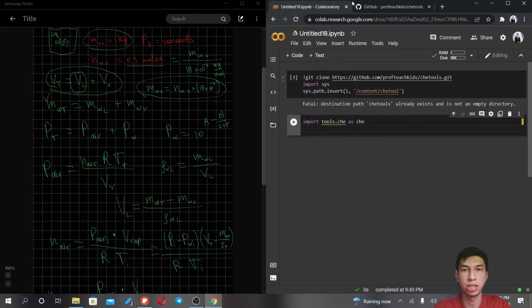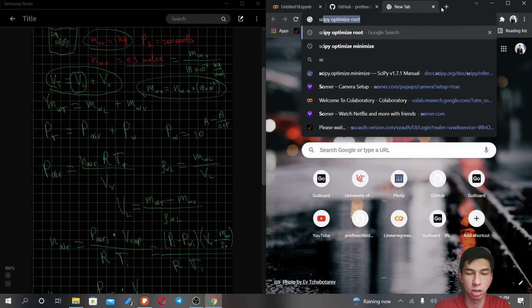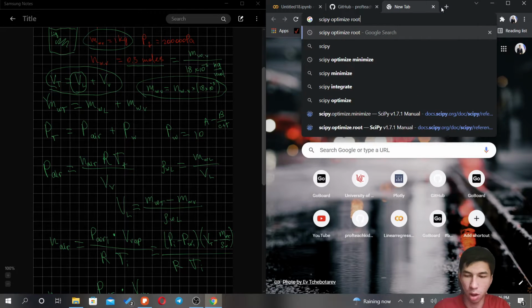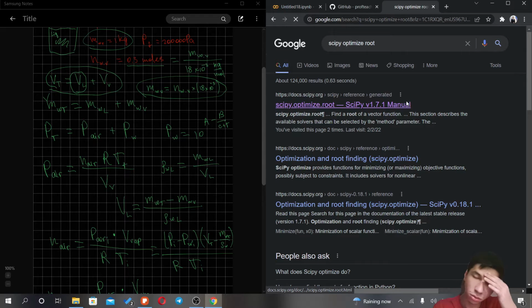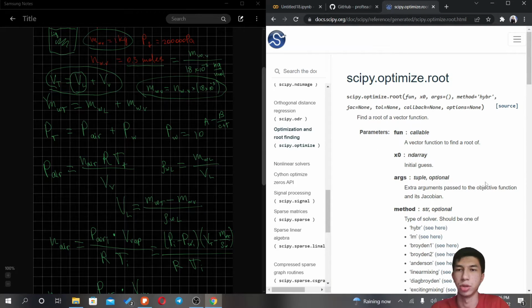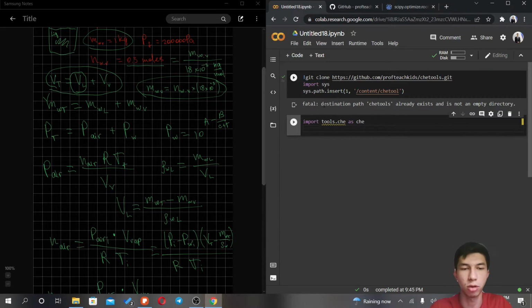And as I said, we will be working with the root solver from SciPy optimize. So we will need to use this function to find the final values that we're looking for.